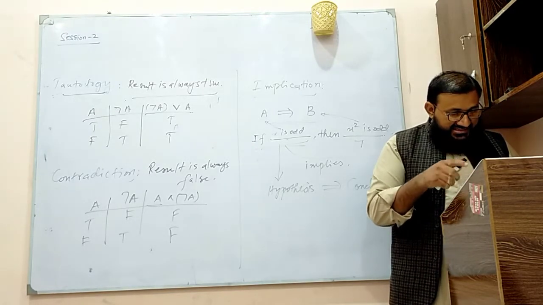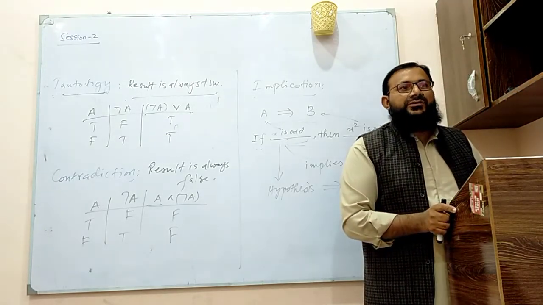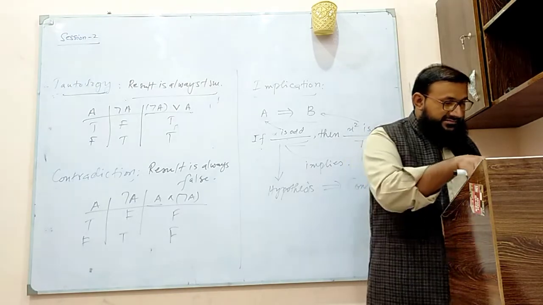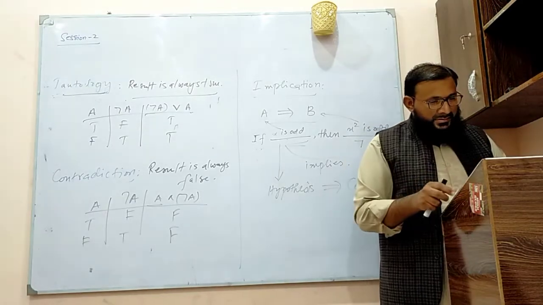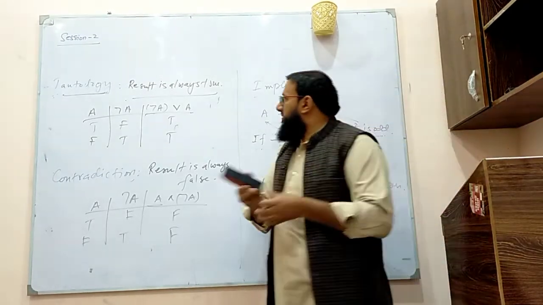Now the main thing is how can we construct the truth table for an implication? That's a bit logical and difficult thing. So let us do this.